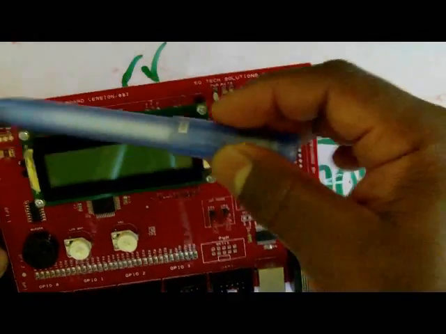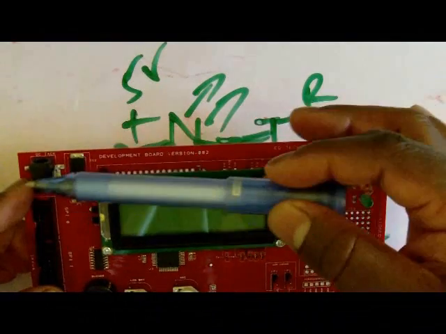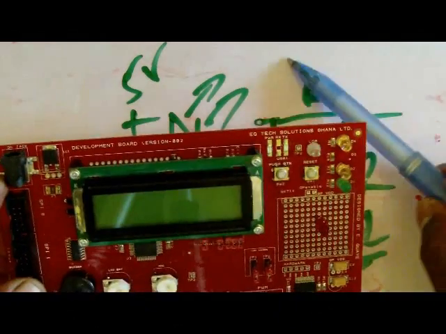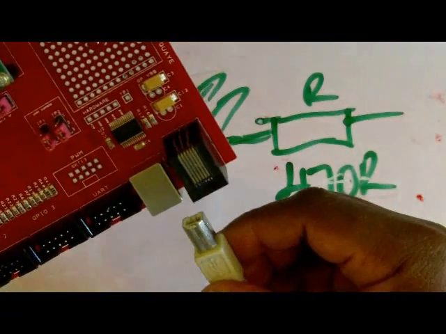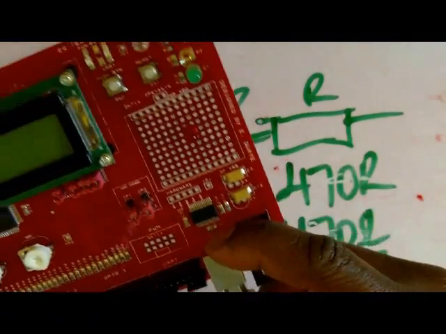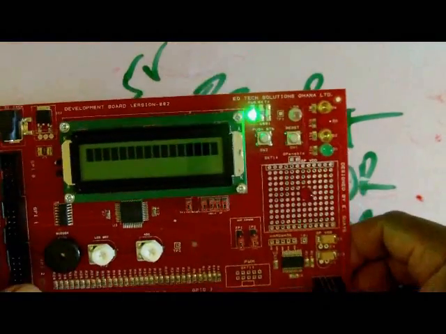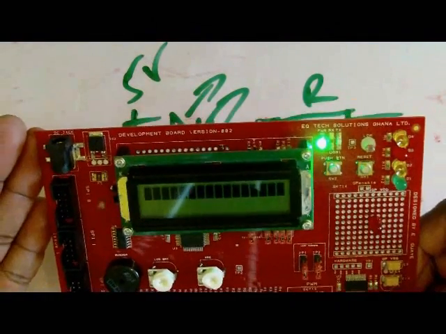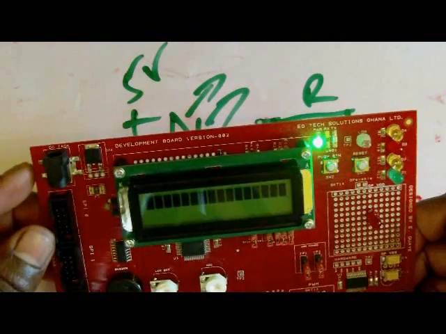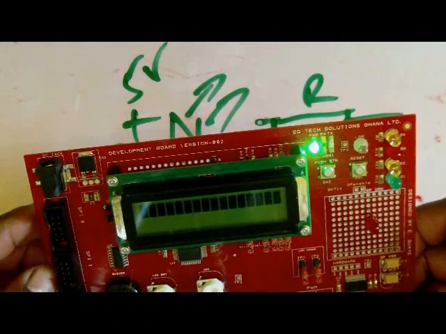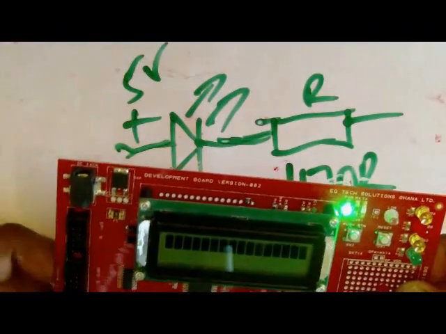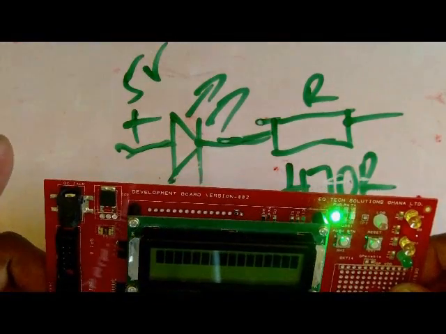Although we've got an onboard voltage regulator and a DC socket here, we can also power this unit through the USB socket. So if you are doing any project which consumes less than 100 milliamps, you don't need to use these DC inputs.